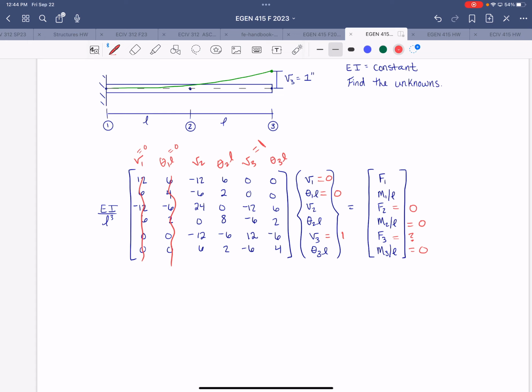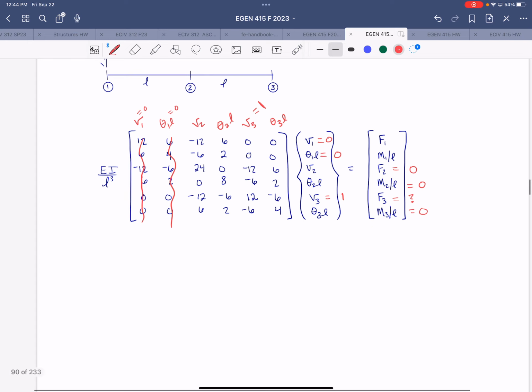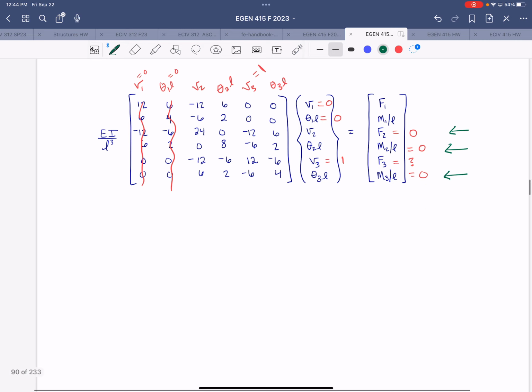All right. So looking at this, we have 3 rows with known forces. All right, so our first partition will be the first 3 rows. Let's just write it out. It's not going to be square.